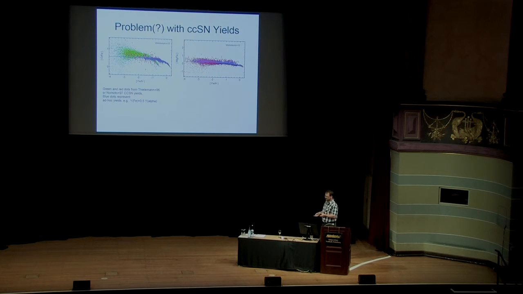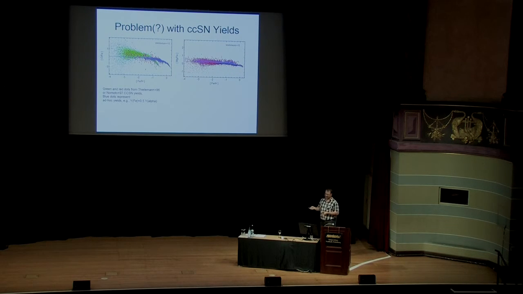So a different point is when considering alpha elements: with the canonical core collapse supernova yields from Thielemann 96 or Nomoto 97, we will realize that maybe the spread in oxygen might be a bit too large at lower metallicity. The same is true for magnesium.